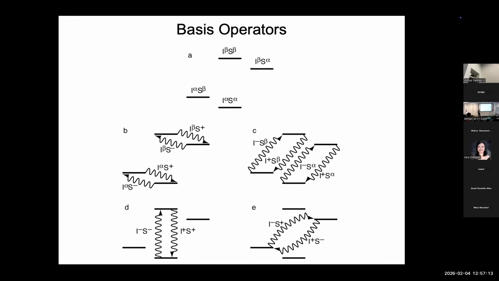Of course, if I want to think about the Cartesian basis, I then have to take various linear combinations of these to get to the Cartesian basis. And in doing that, I know, for example, that IX is 1/2 of I plus I minus. IY is 1/2 I plus minus I minus.